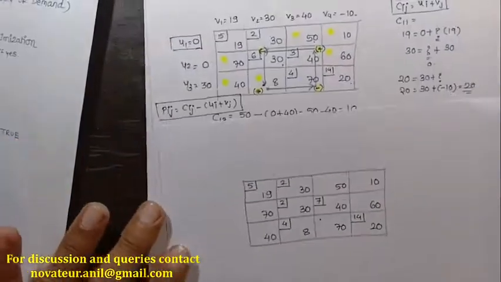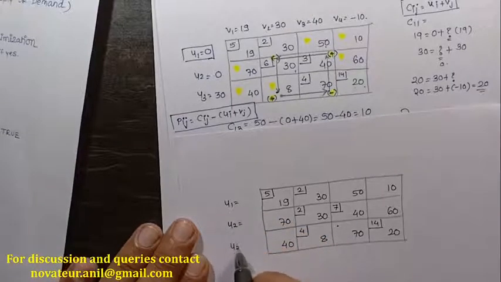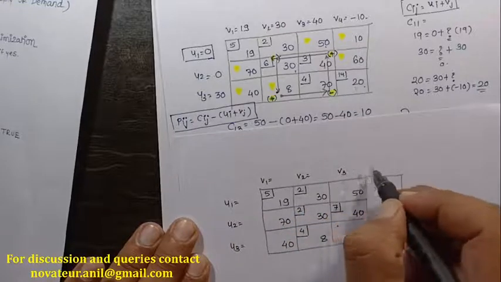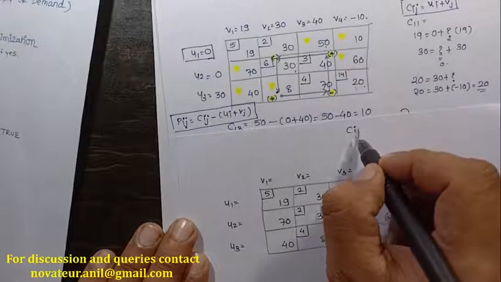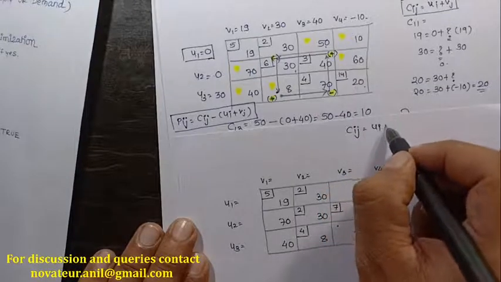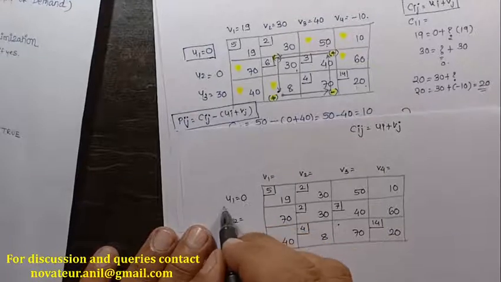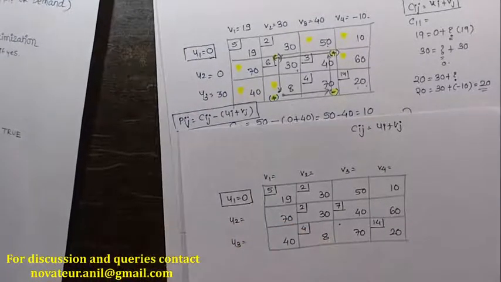So again I'll write down here: this is my U1, U2, U3, V1, V2, V3 and V4. The formula again is Cij equals Ui plus Vj. So very simple. By default the first value, U1, will be 0.